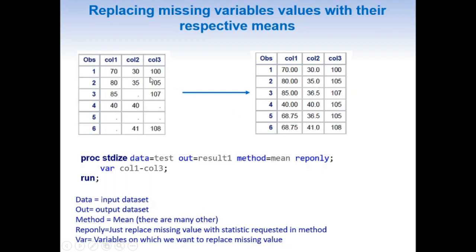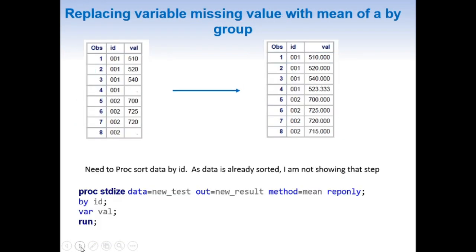In the case of call2, the mean is 36.5 and you can see the missing values are replaced with 36.5. In the case of call3, the mean is 105 and it replaces the missing values with 105.